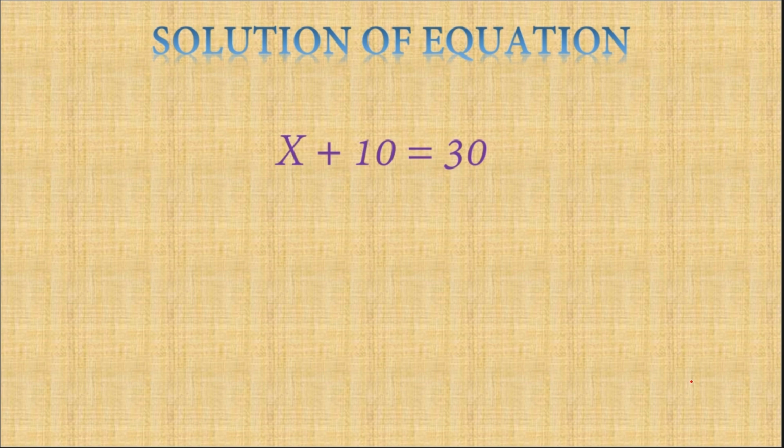On left hand side we have 15 but right hand side is 30, so 5 cannot be a solution for x. On a trial and error basis, we can know that x equal to 20 is the solution for this particular equation. Like this, we can use the trial and error method or use the transpose technique to get the solution for an equation. We'll see the transpose technique in a different video.